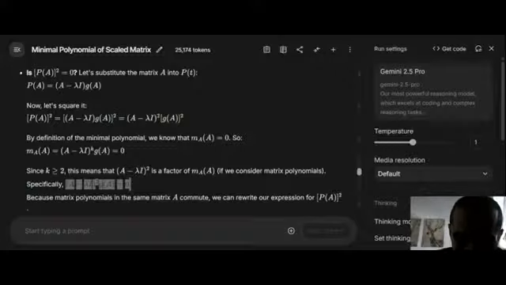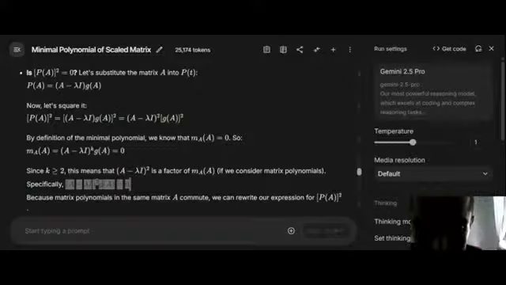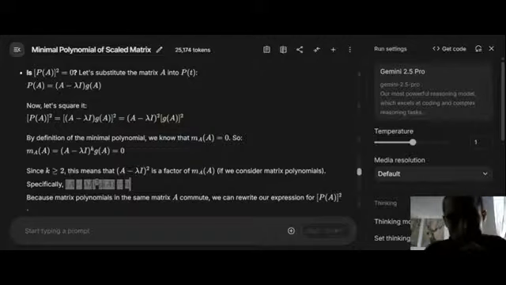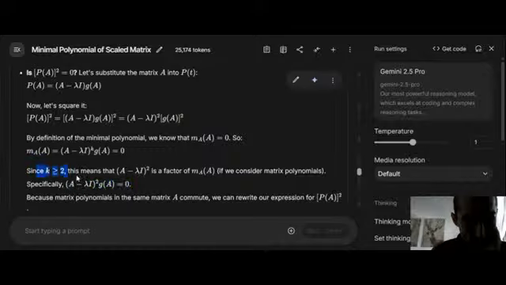Not necessarily, I just thought. So I don't see why it says that.